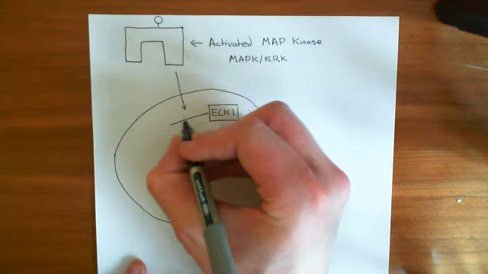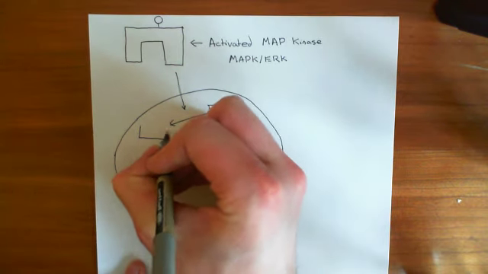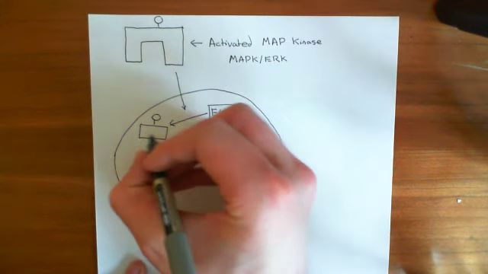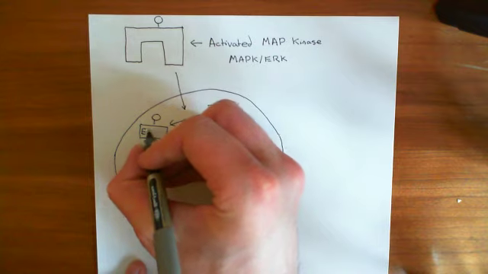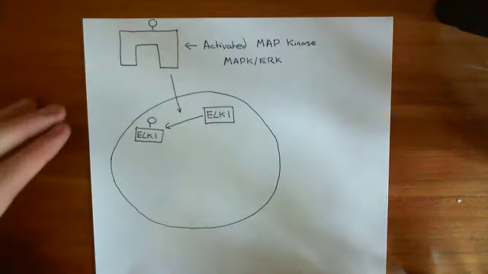So what's going to happen is you're going to take the ELK1, which is unphosphorylated. MAP kinase is going to phosphorylate a serine or a threonine residue in that ELK1 protein, and you're going to get a phosphorylated ELK1. Now, the phosphorylated ELK1 is the active ELK1.